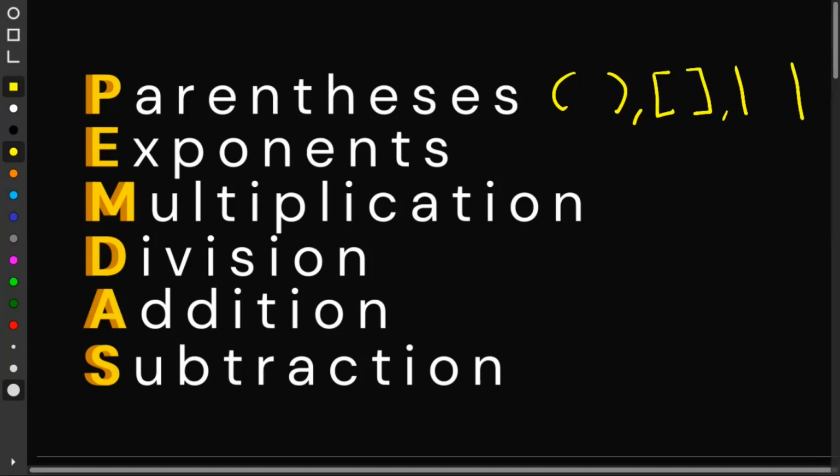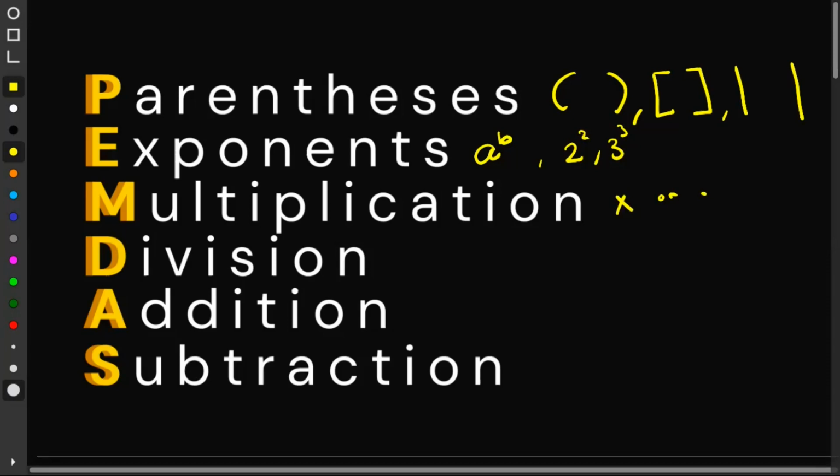The exponents are usually represented by a raised to b, wherein b refers to the exponent. So some examples of this are 2 squared, 3 cubed, and such. For multiplication, we denote this by the times symbol or the scalar multiplication symbol.